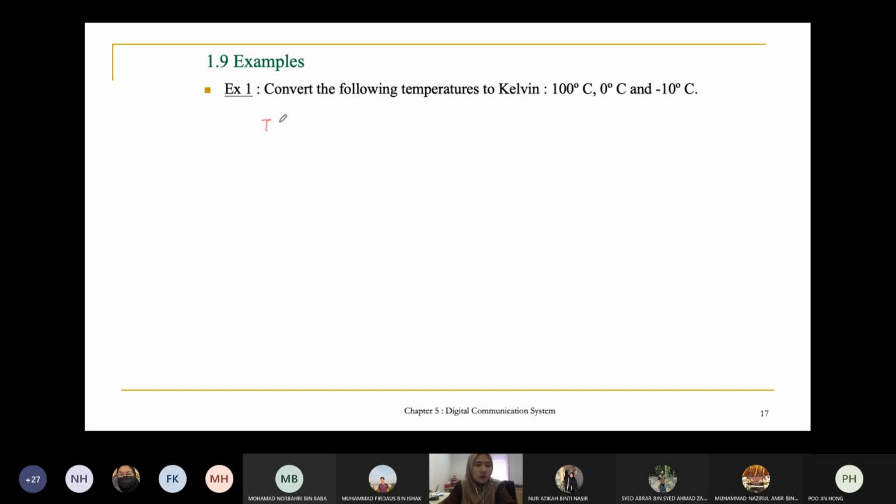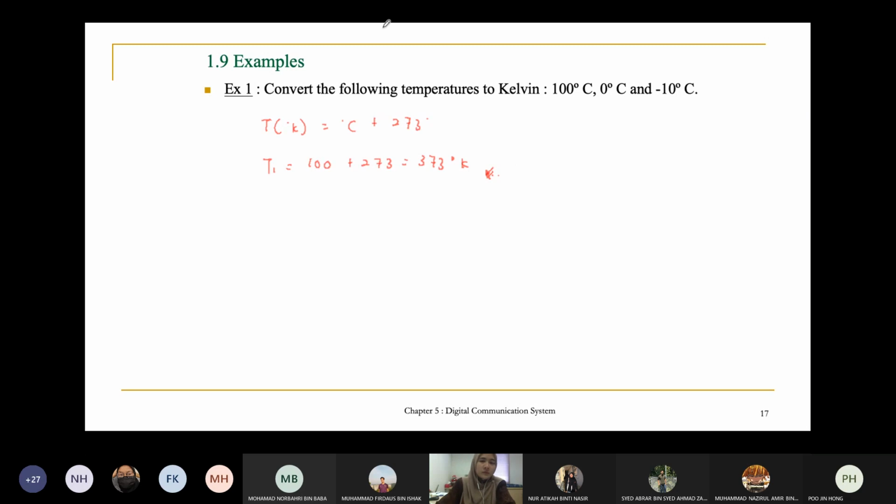So this is the formula: temperature in Kelvin is equal to degrees Celsius plus 273. For example, you want to convert 100 degrees. So 100 plus 273, you will get 373. The unit is Kelvin.